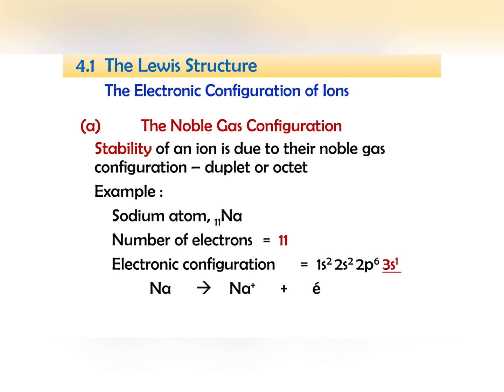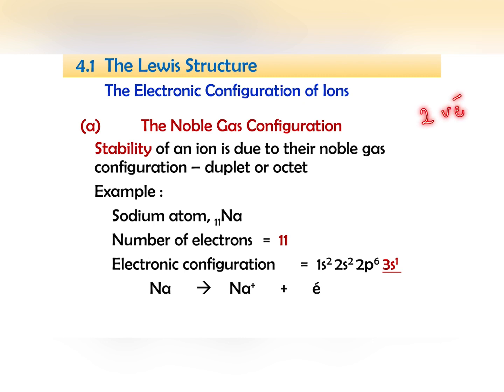Okay, so the first one is the noble gas configuration. Okay, so ini yang normal yang kita akan buat lah untuk capai stability. So the stability of an ion, it is due to the noble gas configuration. So sama ada dia akan achieve duplet ataupun dia akan achieve octet configuration. Okay, so let's say kalau duplet tadi, dia akan capai 2 valence electron.